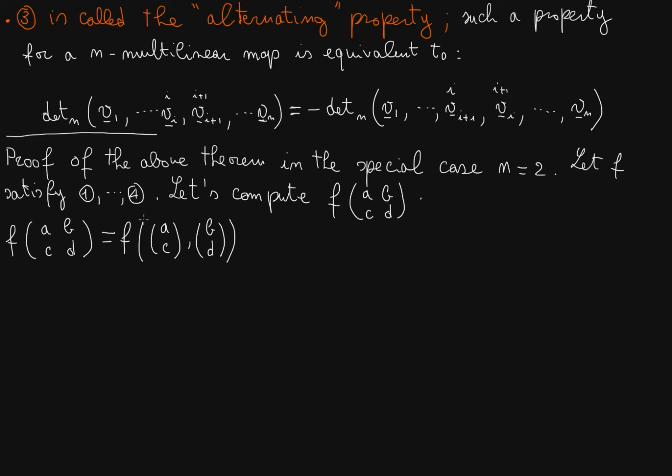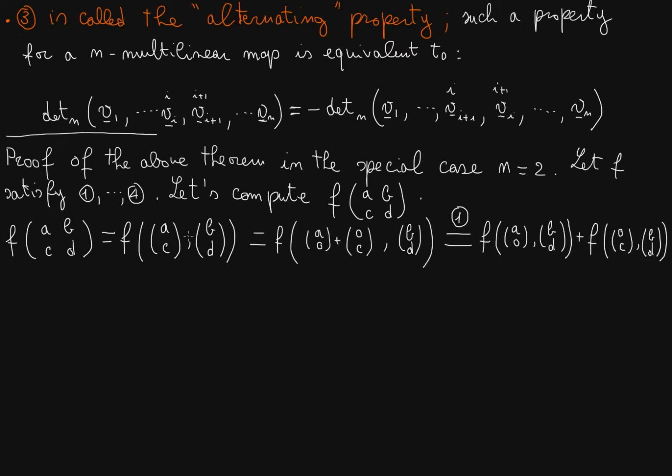Now, how do we express the matrix in terms of column vectors? Well, f will be acting on the pair of column vectors given by the first column (a, c) and the second column (b, d). Now we write the first argument of the function f, namely the column vector (a, c), as a sum of two vectors in order to apply property 1, which dealt precisely with this situation.